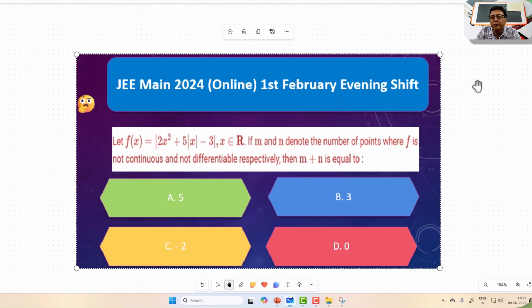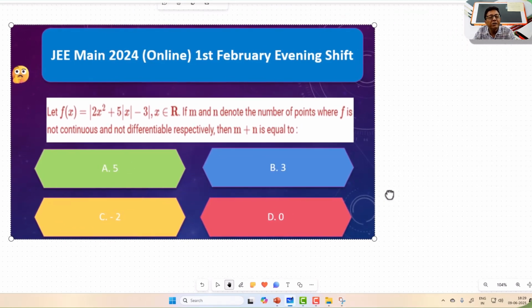2024, 1st February, evening shift. So this function f(x) equal to mod of 2x square plus 5 mod x minus 3, x belongs to R. M and n denote the number of points where f is not continuous and not differentiable.